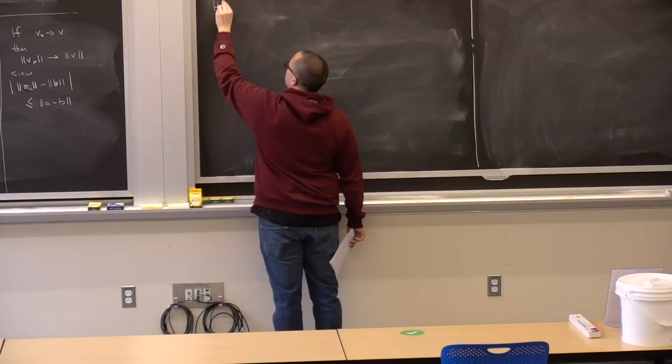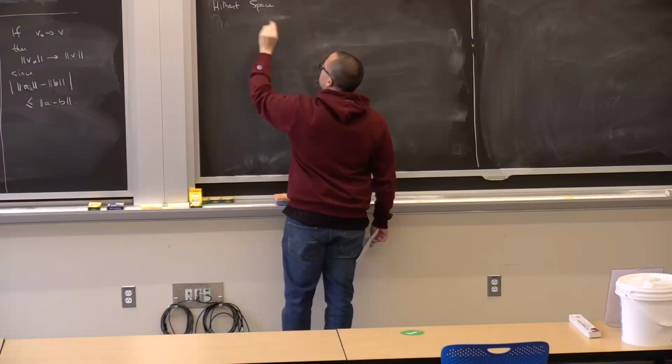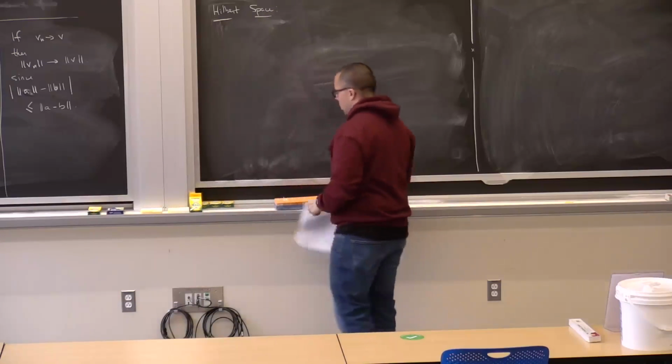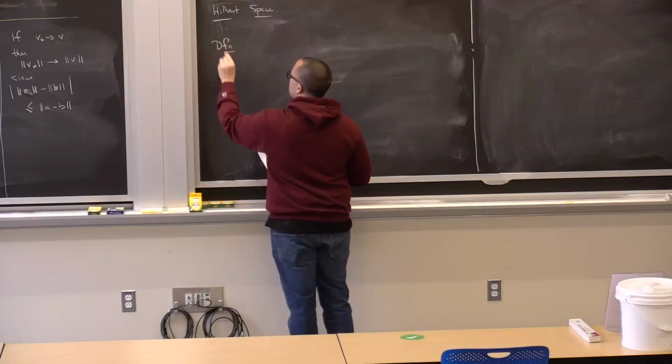What is a Hilbert space? This is simply a pre-Hilbert space which is complete with respect to this norm.